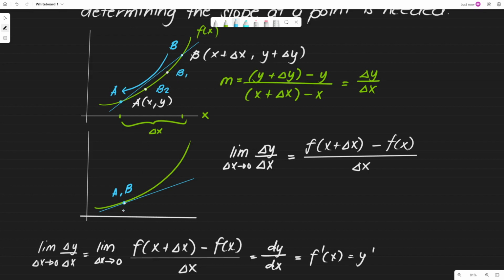Paano siya magiging 0? Kapag nag-join na yung point A and point B natin. Delta x equal to 0 is undefined. That's why, instead of getting the function at the value of 0, we're going to get the limit of the function as delta x approaches 0. And that is the limit of delta y over delta x as delta x approaches 0. And this is the definition of our derivative.